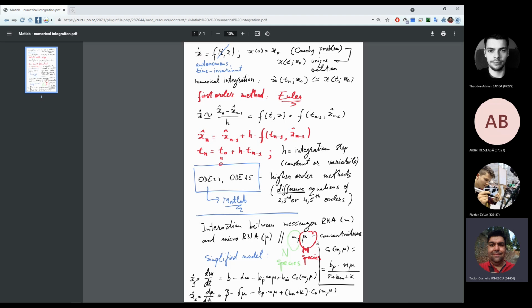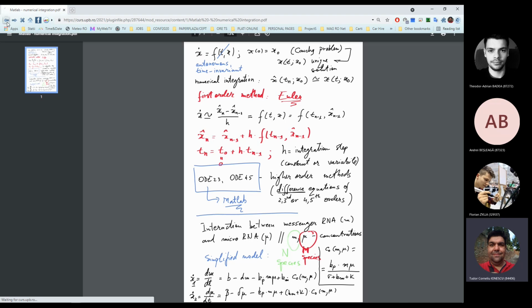These are concentrations M and mu. And you have this simplified model of two equations, okay? And this can be integrated. So you can take this as an exercise. Take this biological model, give it certain parameters, and try to simulate it.